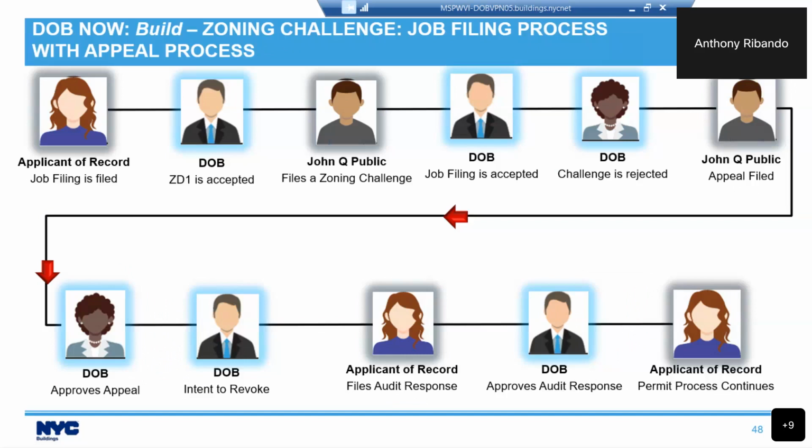John Q. Public can then file an appeal. The DOB will then approve that appeal, move it on again, and the DOB may choose intent to revoke. And then the applicant of record will file an audit response. The DOB will then approve the audit response, and then the applicant of record will continue with the permit process.